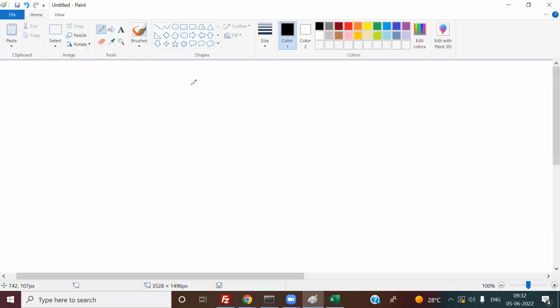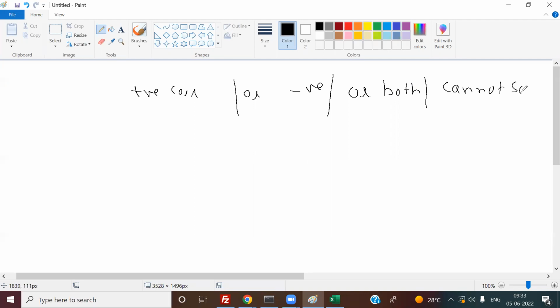Can you see this data? You have to answer one simple question: is there positive correlation between them, or negative? I will give you one more option, both, or I'll give you one more option, cannot say. There are four options, 1, 2, 3 and 4, and you have to also give the reason.